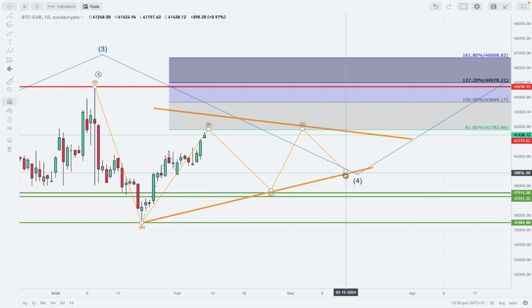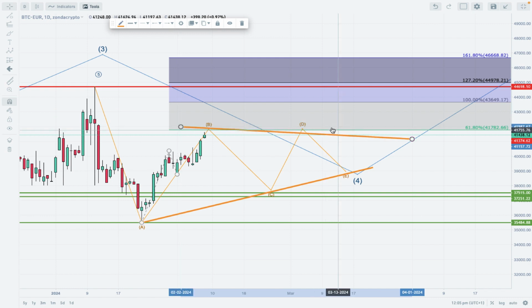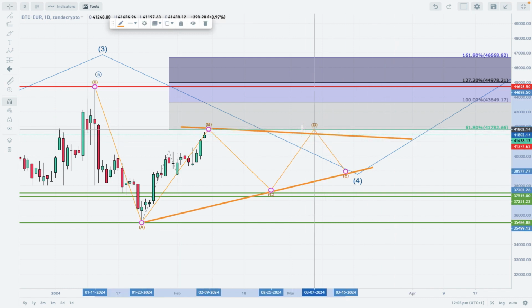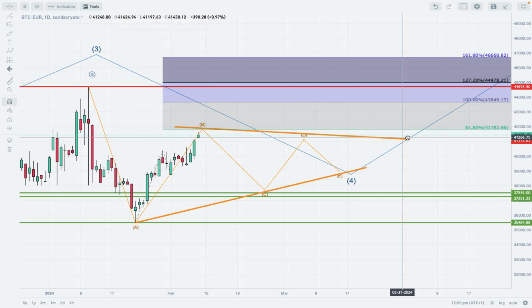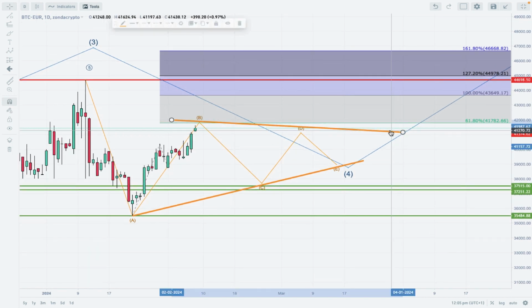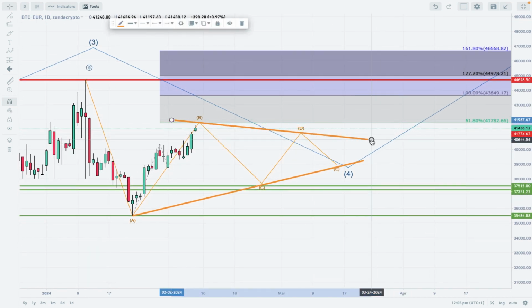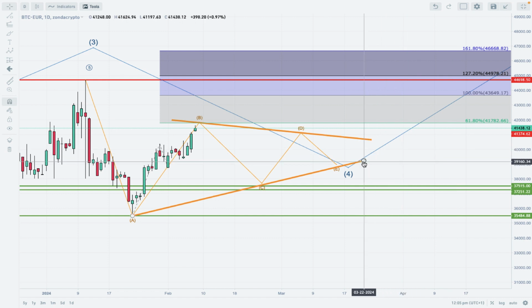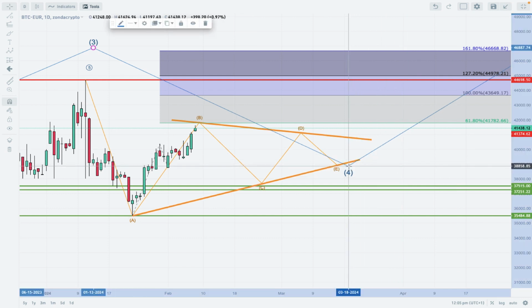But that's too easy because it can be any correction. The point is that it needs to have 3 waves or be a triangle, right? So that's the situation here. So let me just adjust our triangle schematics. Remember, it's just a pattern, a visual aid. It doesn't mean anything just yet. So let's say it will look like this. What's the problem with this? No problem whatsoever.